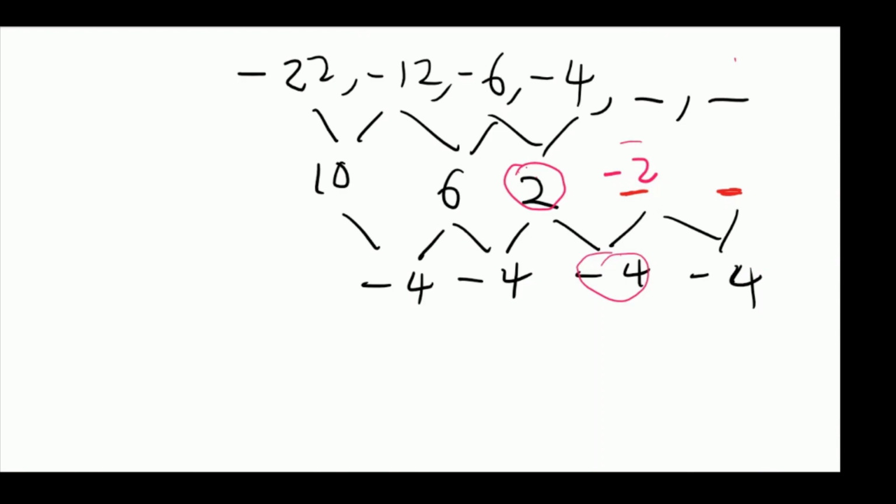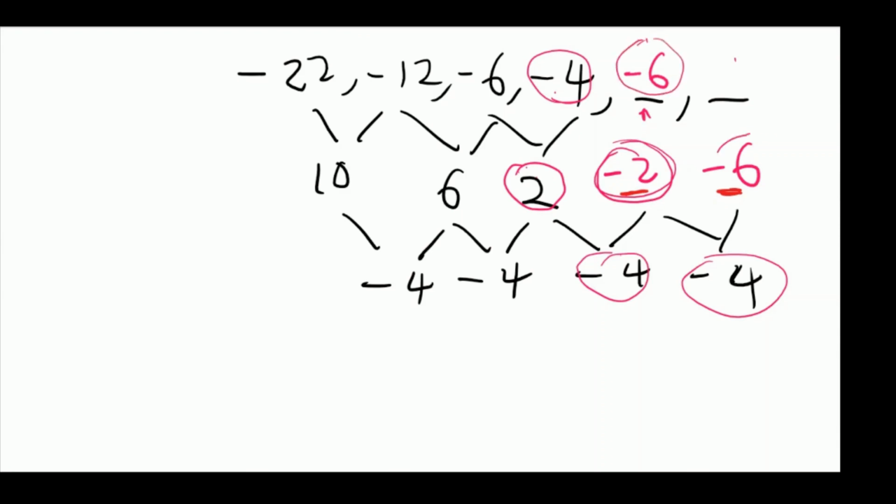And we're going to add this minus 2 with this minus 4 to get a solution of minus 6. Then to find these terms here, we're going to say minus 4 plus minus 2 is going to give us minus 6 here. And this minus 6 plus this minus 6 is going to give us minus 12. So your next two terms are minus 6 and minus 12.